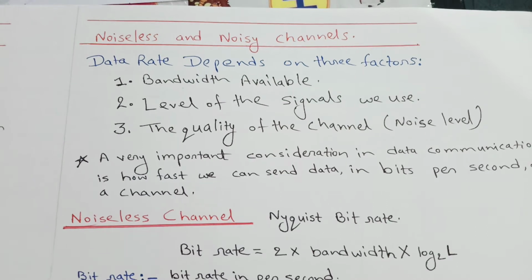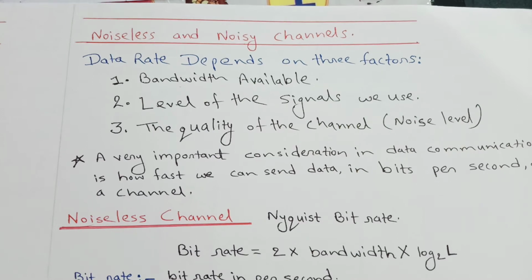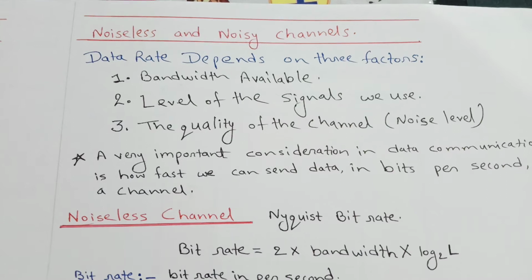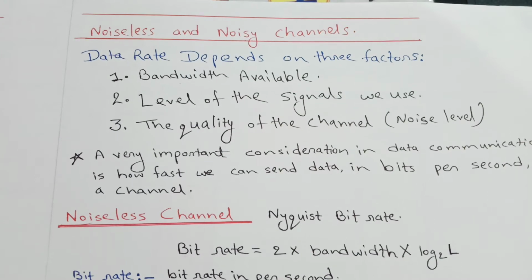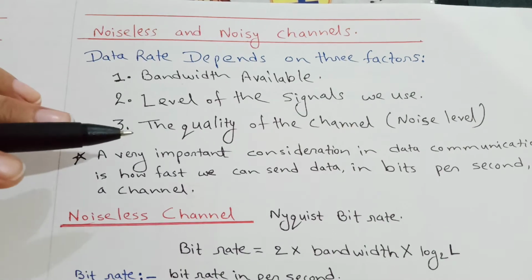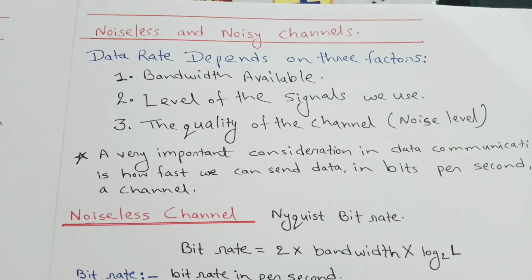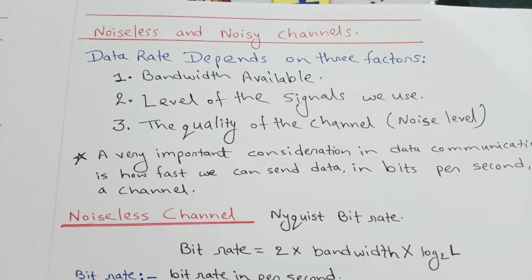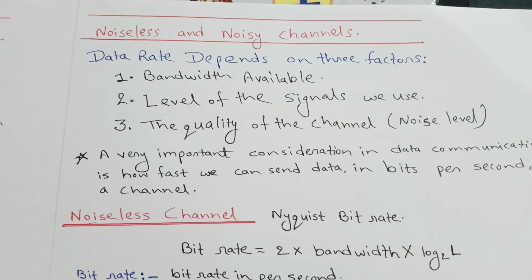And the quality of the channel, which medium we are using, coaxial cable or optical fiber and so on. The quality of the channel, also called the medium, will also affect the data rate.